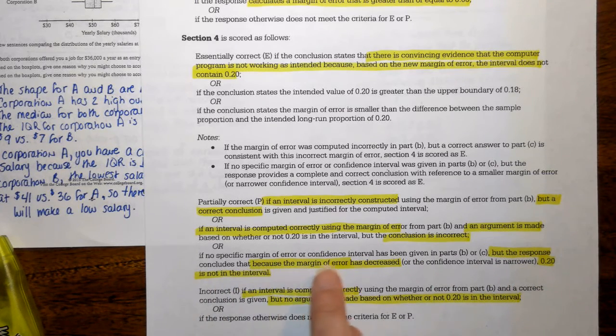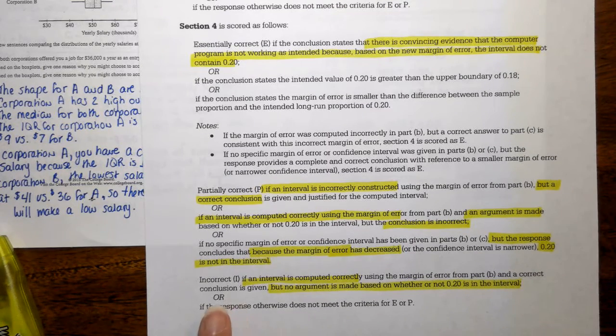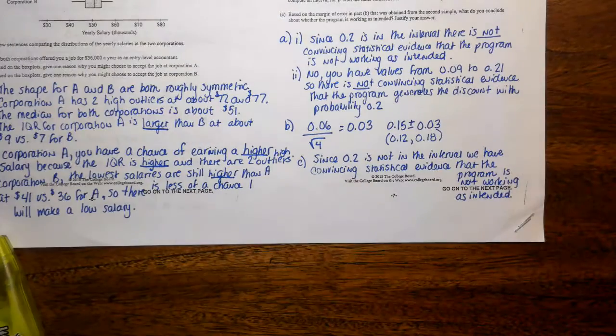You don't have a specific margin of error in B or C, but the response concludes that because the margin of error decreased, 0.2 is not in the interval. And you get an I, interestingly enough, if the interval is computed correctly, but no argument is made on whether or not 0.2 is in the interval, or anything else that doesn't satisfy that.